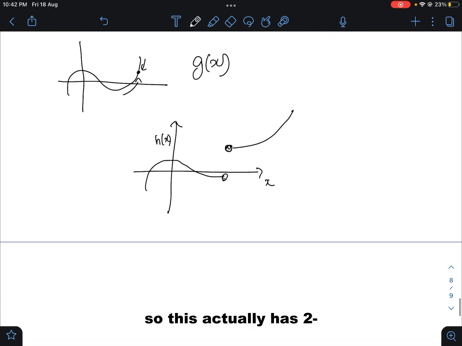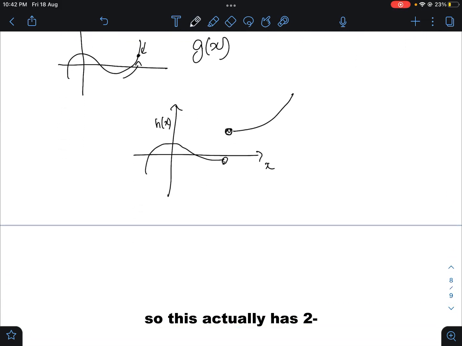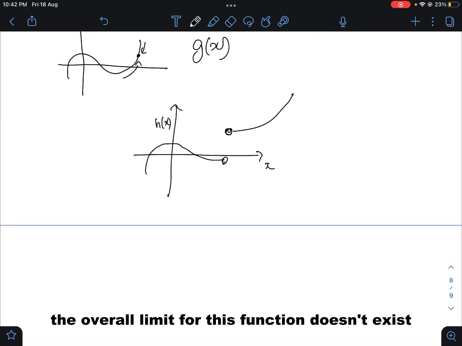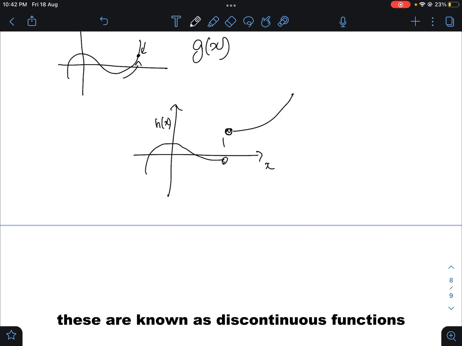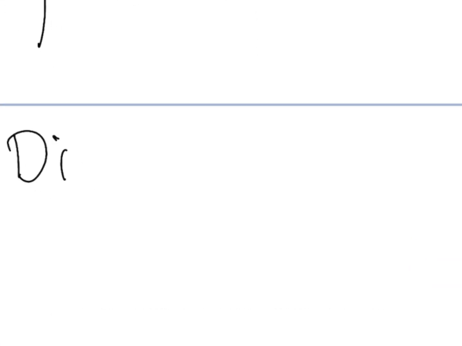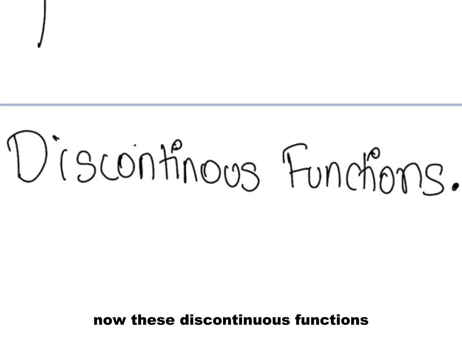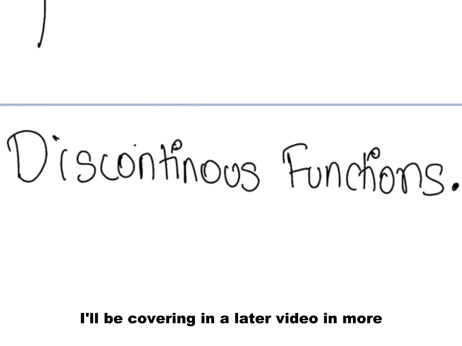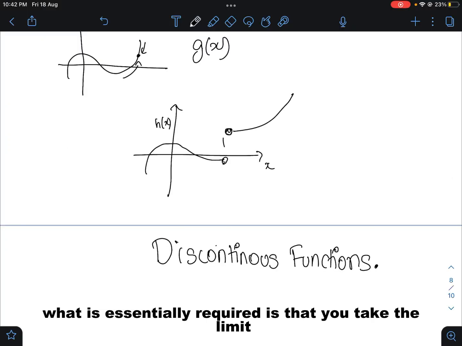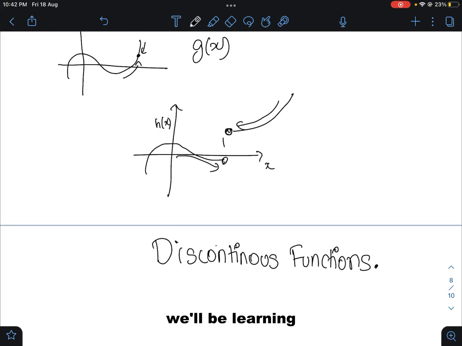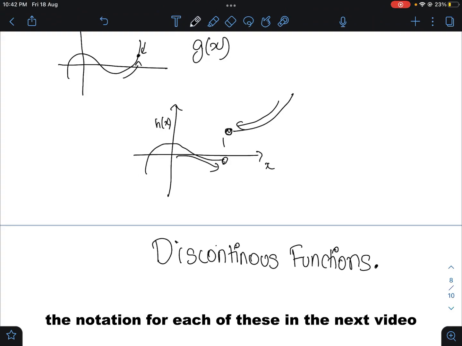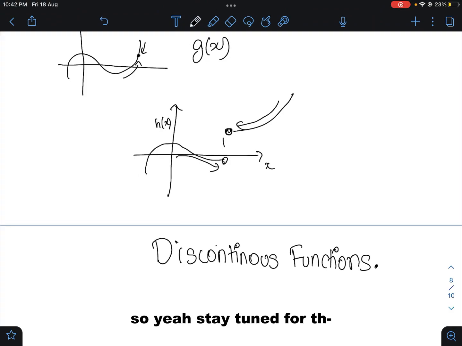So this actually has two. The overall limit for this function doesn't exist because there's no single value, there's a jump. These are known as discontinuous functions. Now I'll be covering these discontinuous functions in a later video in more in-depth detail, but what is essentially required is that you take the limit from the left hand side and the right hand side. We'll be learning the notation for each of these in the next video, so yeah, stay tuned.